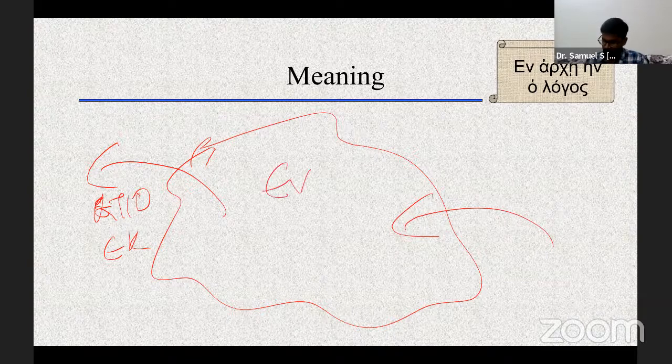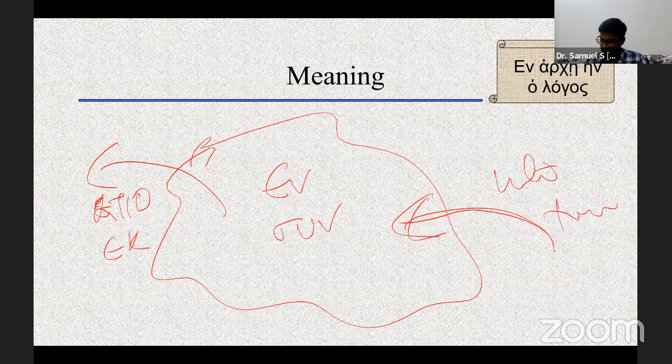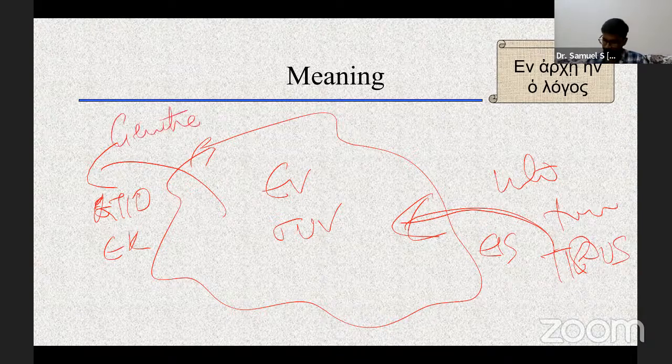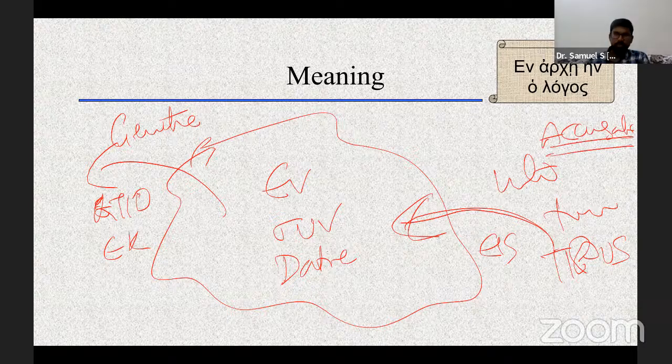En and soon are in or with. And prepositions that have the idea of into or toward, eis and pros, right? And this only goes with the genitive case. This only goes with the dative case. This only goes with the accusative case. Okay? That's one way you can try to remember this.